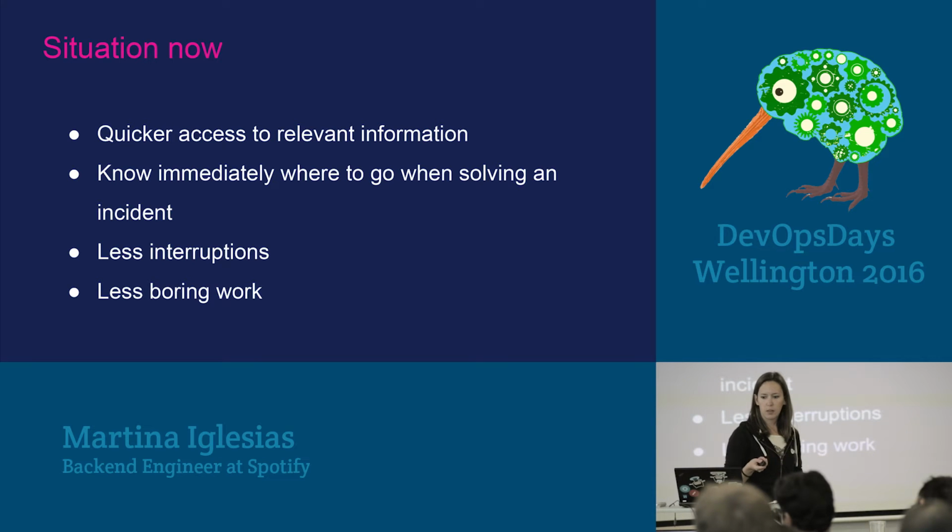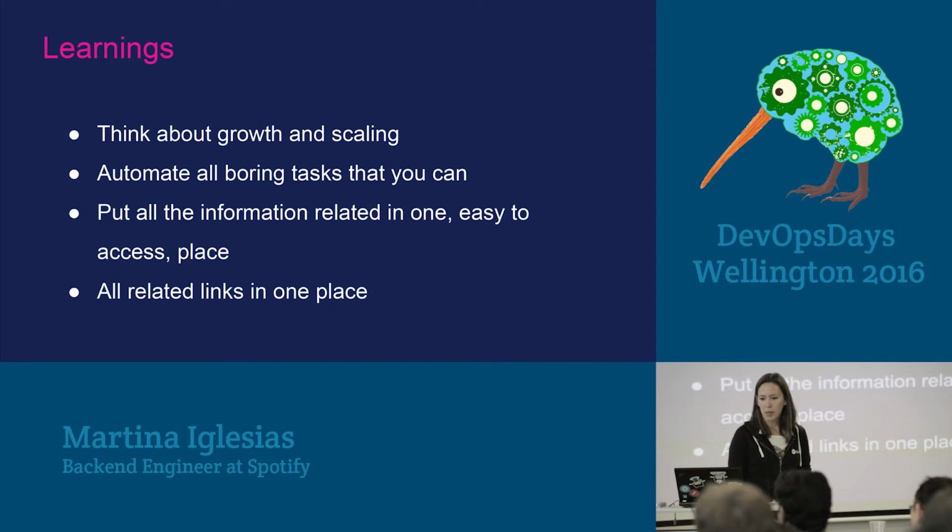The good thing is all this was gathered automatically, so it's no extra work for developers. Then for me, I think it means less interruptions because I don't have to ask other teams about their services. I know that most of the information is going to be in the same place. And it's less boring work because maybe if you have the information gathered automatically, that means you don't have to expose it yourself, right?